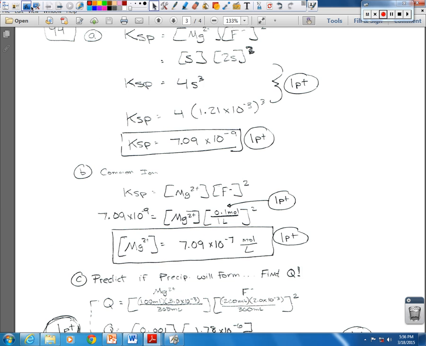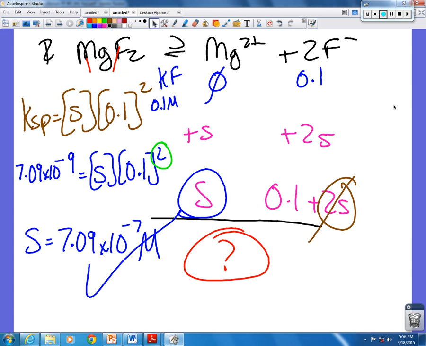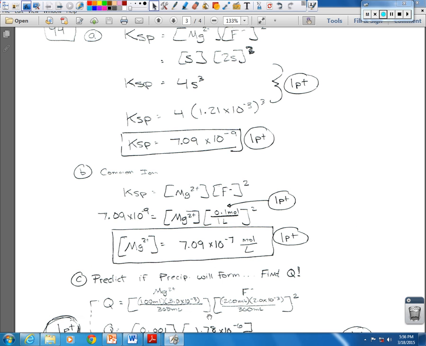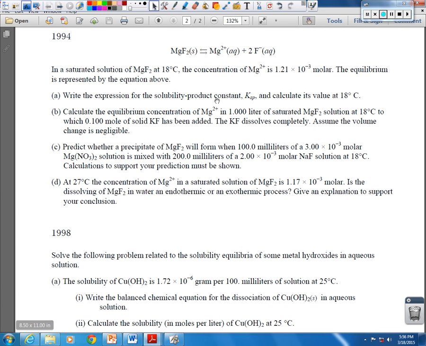Okay. Alright, let me go back to this one. Yes, right here? No, because it tells you specifically. That's actually a great question, so let's go back and look at it. It tells you right here that 0.1 mole has been dissolved in 1 liter of KF.